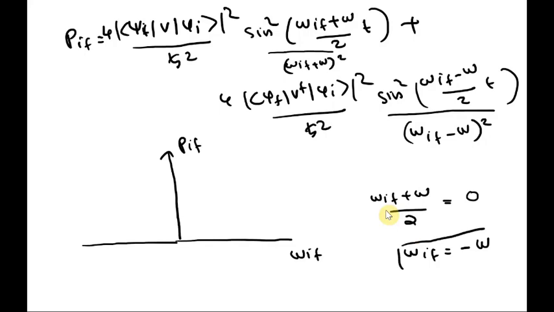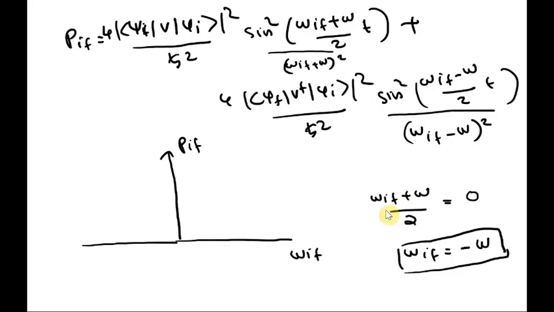Your omega if, that is the energy between, or the frequency between the two states, has to be a minus of whatever your perturbation frequency. If both of them are matching, then you have a higher transition probability.